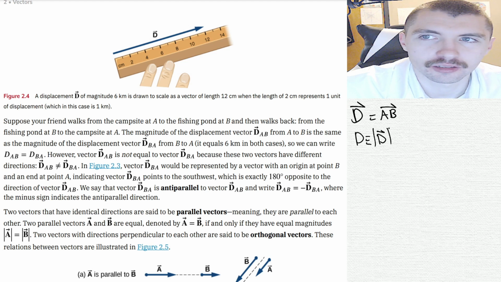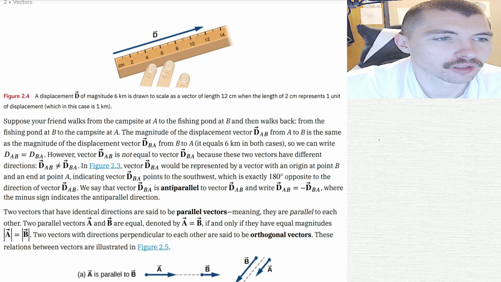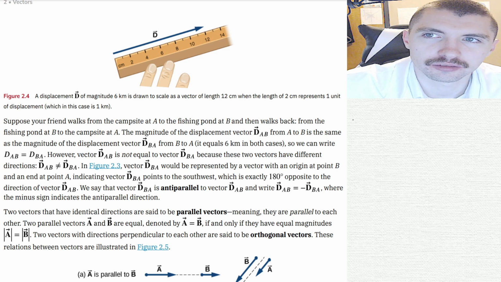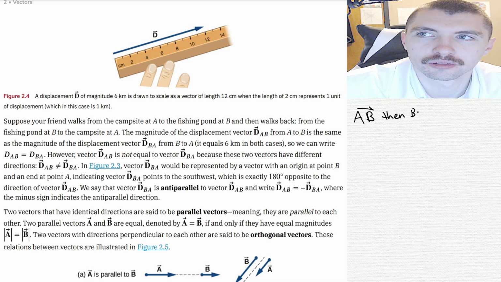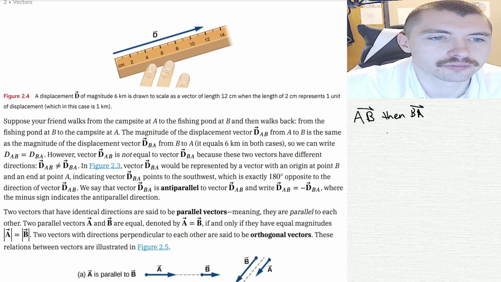All right, so suppose your friend walks from campsite A to B, and then walks back. The magnitude of the displacement vector, okay.